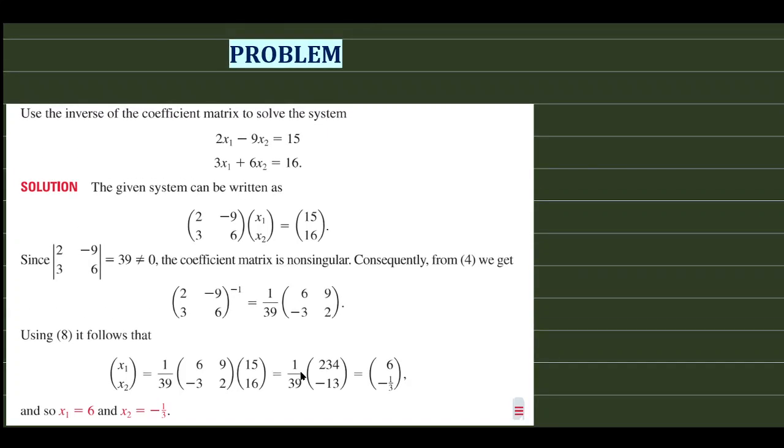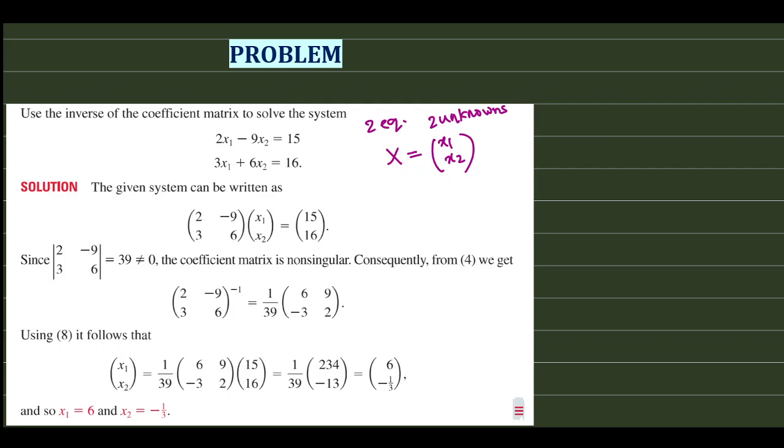Use the inverse of the coefficient matrix to solve the system 2x1 minus 9x2 equal to 15, 3x1 plus 6x2 equal to 16. So now we see that here we have two equations and two unknowns. The unknowns are written as the vector x, which is x1, x2.